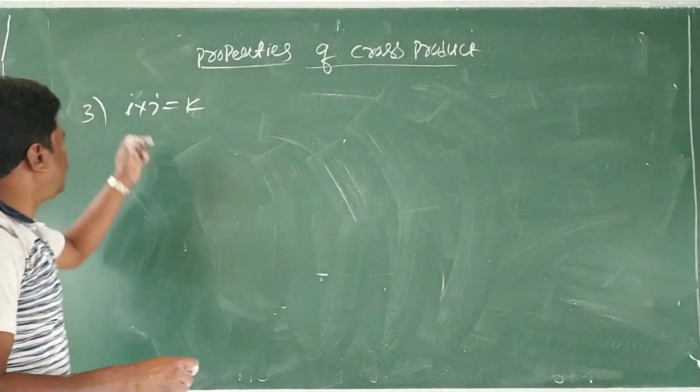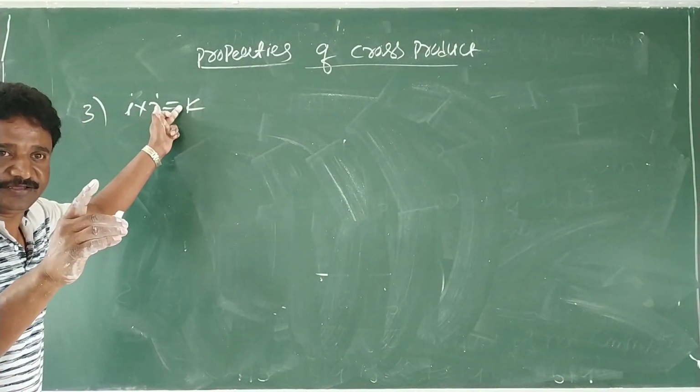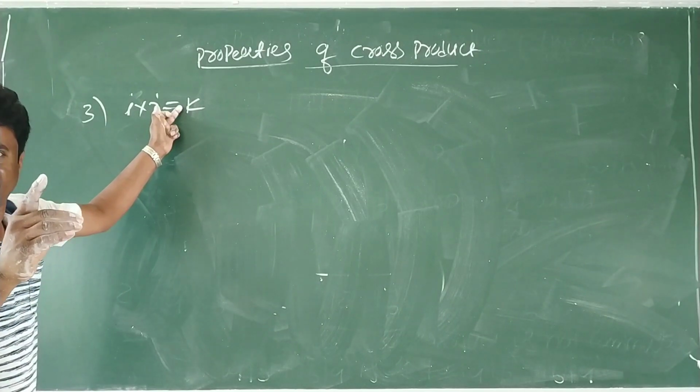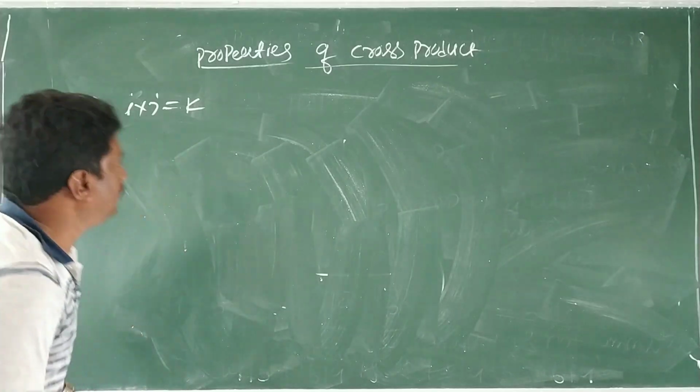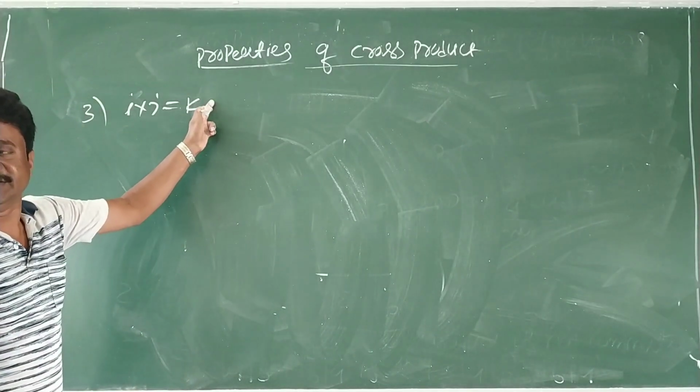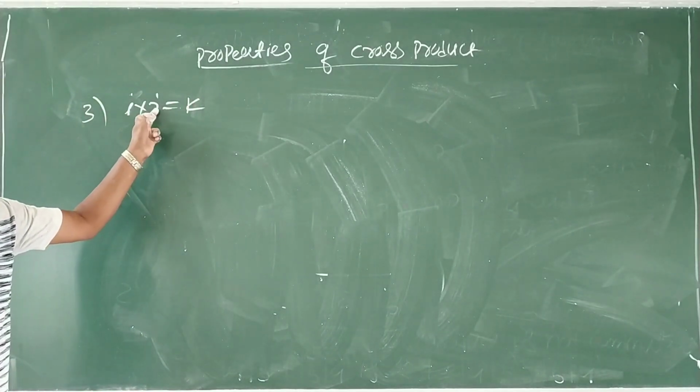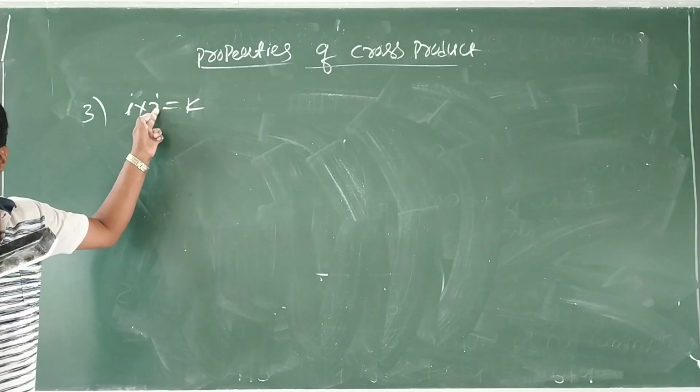Length of I is 1. Length of J is 1. Theta: what is the angle between I and J, the x axis and y axis? 90. Sin 90.